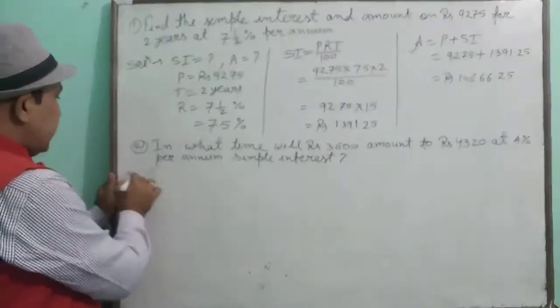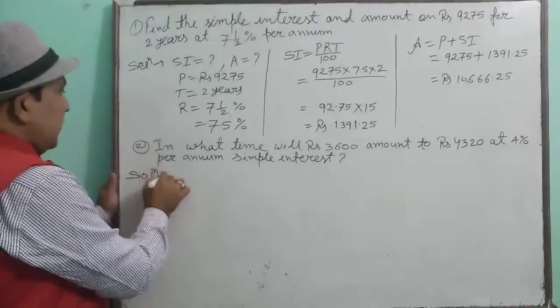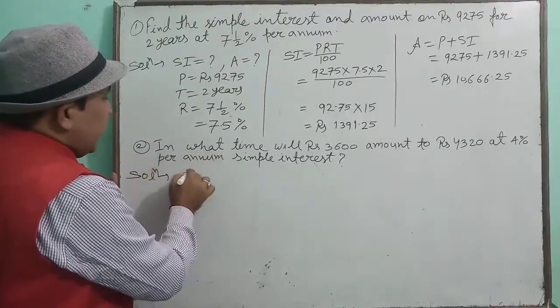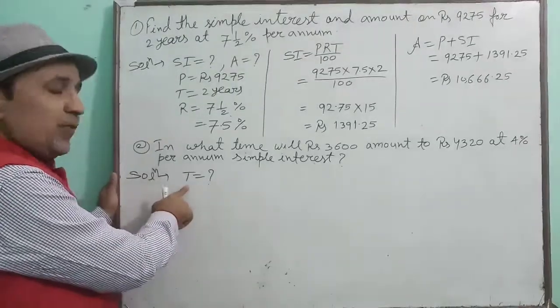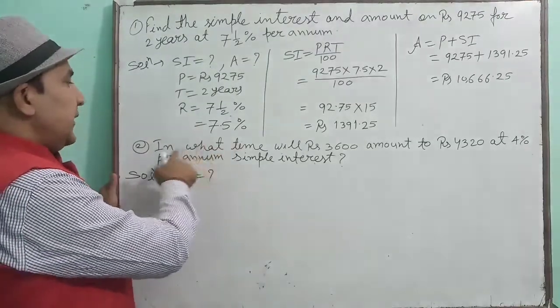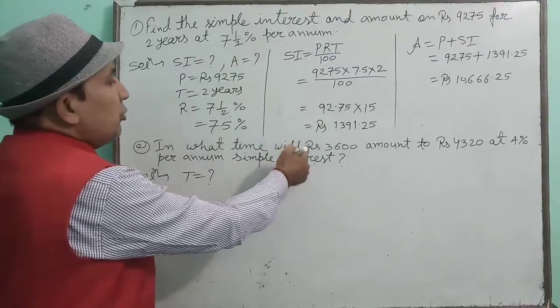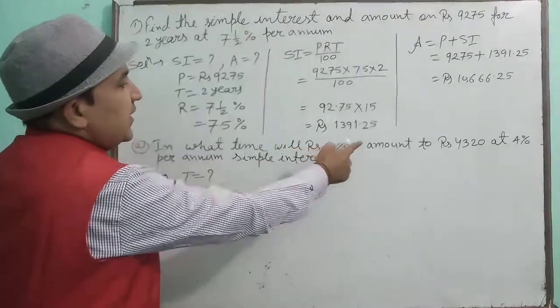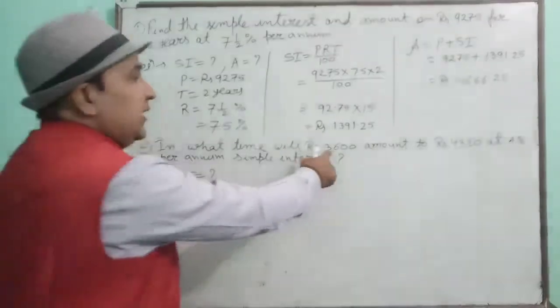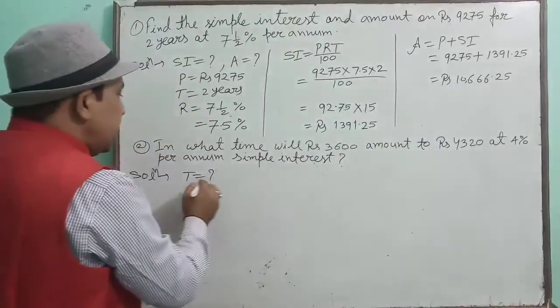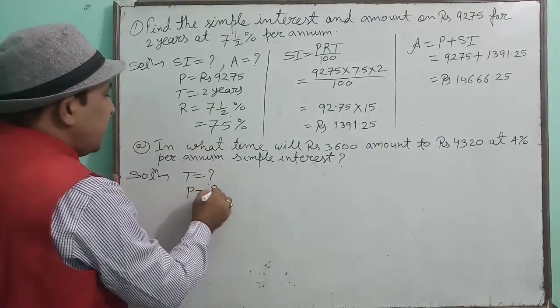Now see the question number 2. In what time? That means the initial of the question is telling us we have to find time. In what time will rupees 3,600 amount to rupees 4,320? The money which makes the amount is called the principal amount.